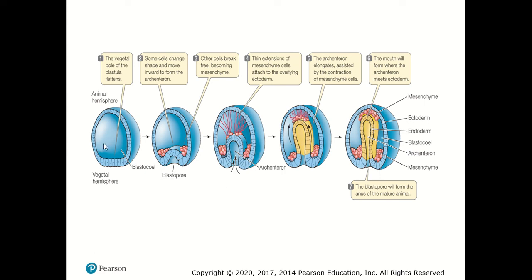This is not the beginning of development. Keep in mind the beginning is called a zygote, and the zygote is one cell thick. Regardless, that one cell would maintain its size. So this is about the size, more or less, of the zygote.